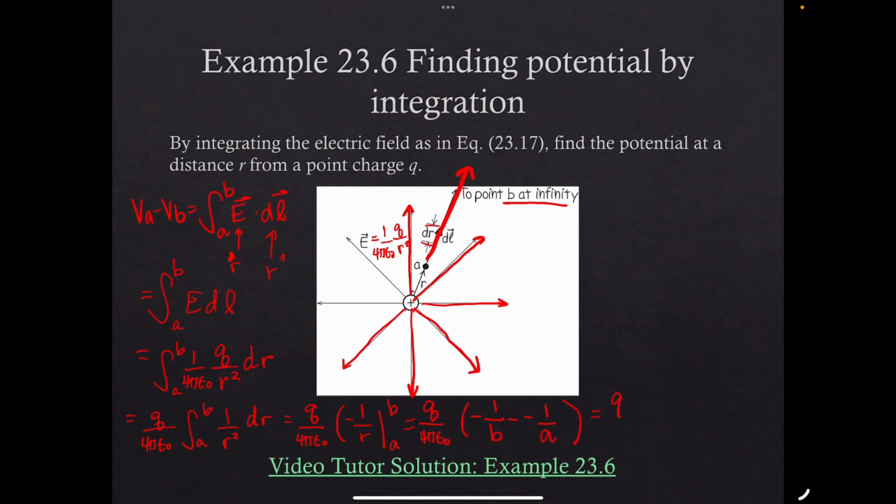All right, we get Q over 4 pi epsilon naught, just taking our constants out. So we're going to get negative 1 over infinity plus 1 over A. 1 over infinity is 0, okay? So we are going to get, simply, if I just rewrite my variables again, Q over A, which is just VA, right?